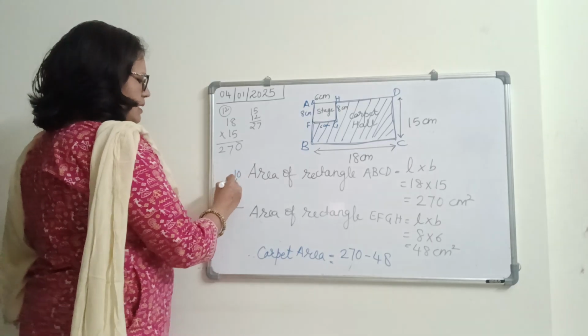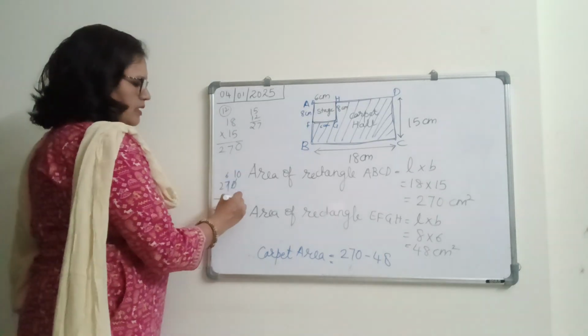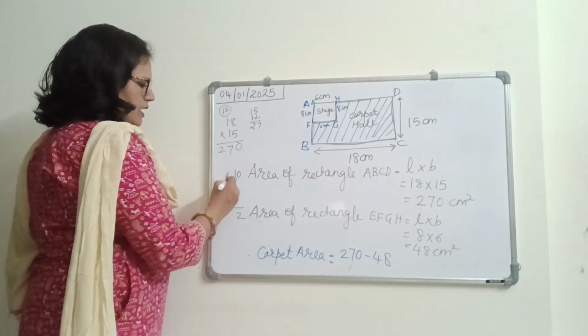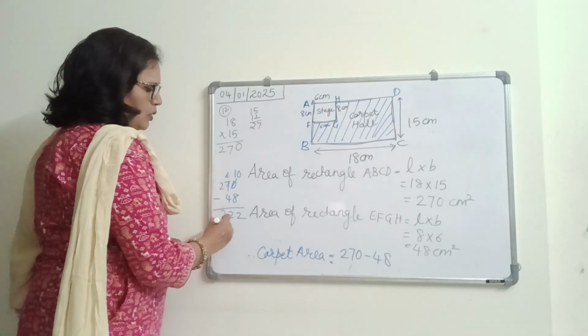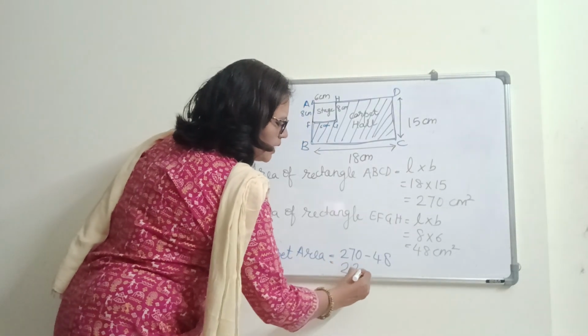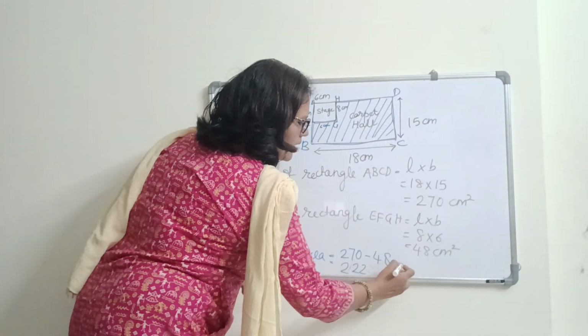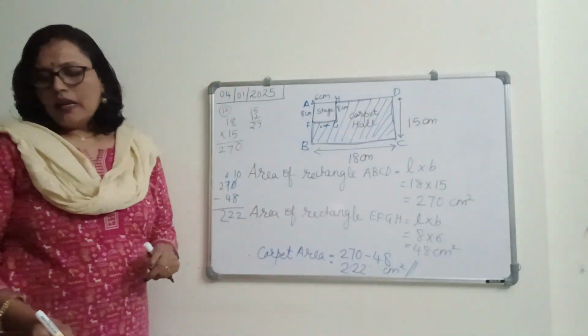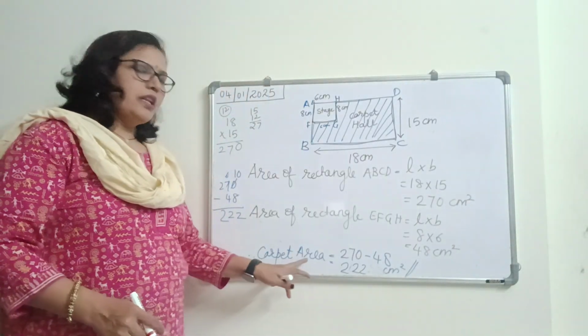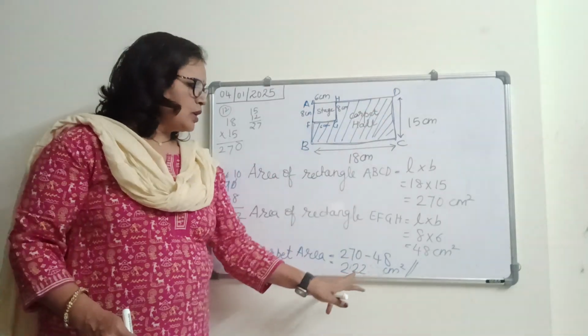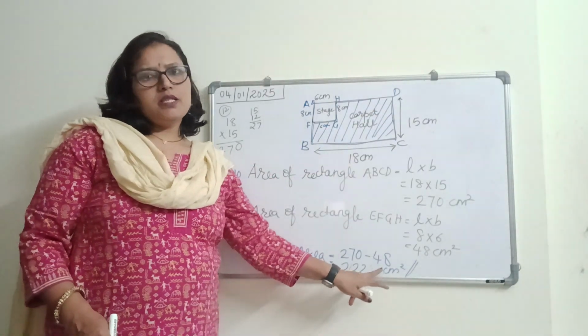This is 10, this becomes 6. 10 minus 8 is 2, 6 minus 4 is 2, and 2. So 222 centimeter square. So this is the carpet area. So the area of this shaded portion is 222 centimeter square.